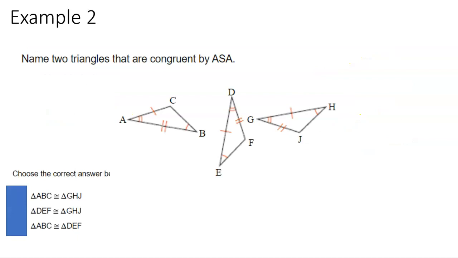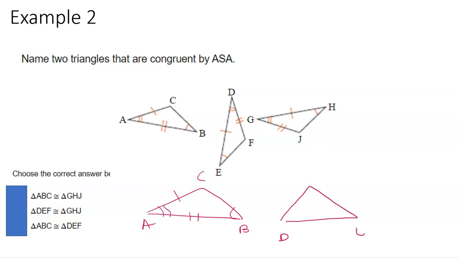Name two triangles that are congruent by angle, side, angle. So let's kind of line these up. Okay, so we've got A, B, C. And then we've got D, E, F. And then DF is 2. And I'm only doing this because it helps me think about it if they all kind of are looking the same. GJ is 2, GH is 1.